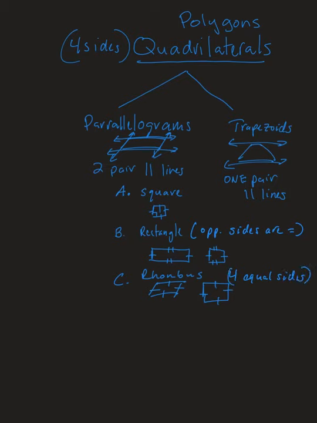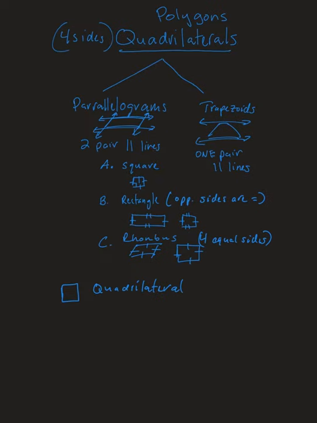So when you see a picture of a square, it's a quadrilateral. It is also a parallelogram. It's also a rectangle. And it's also a rhombus.